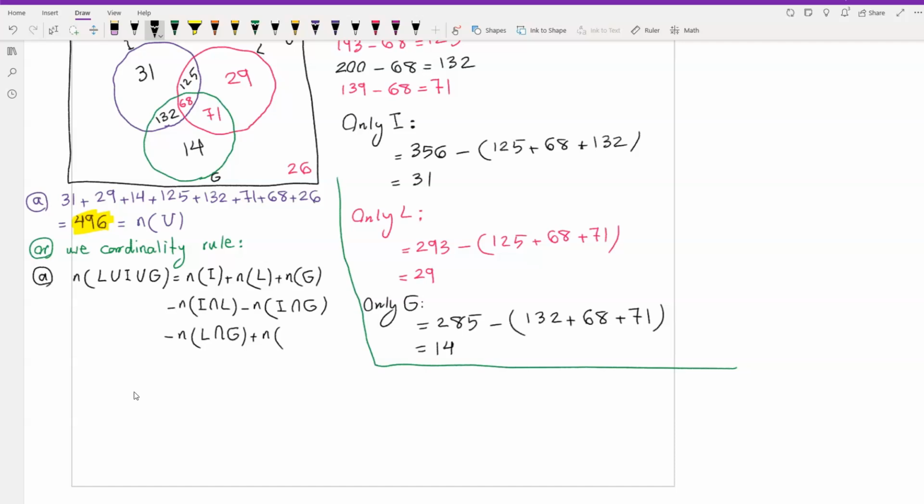So what we have in the intersection between all these three, I and L and G.